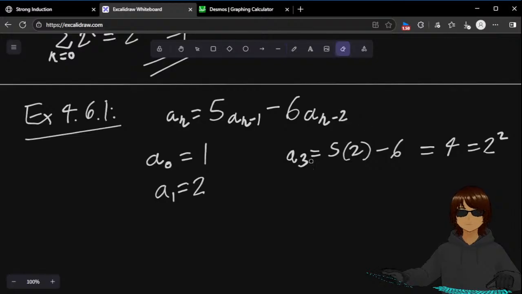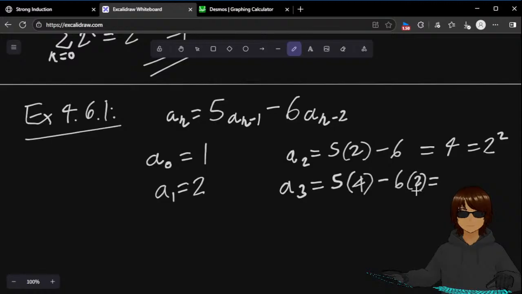Sorry, this is A2. 5. You have n minus 1, so we have 4 minus 6 times 2. 5 times 4 is 20, 6 times 2 is 12. So we are left with 8. It's 2 over 3.